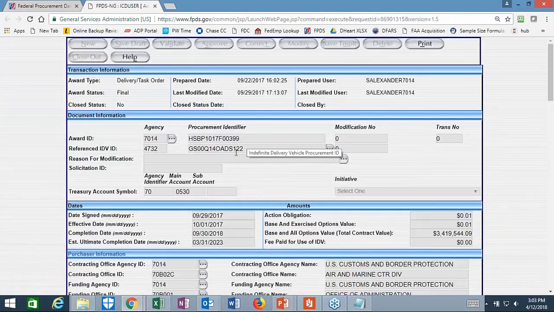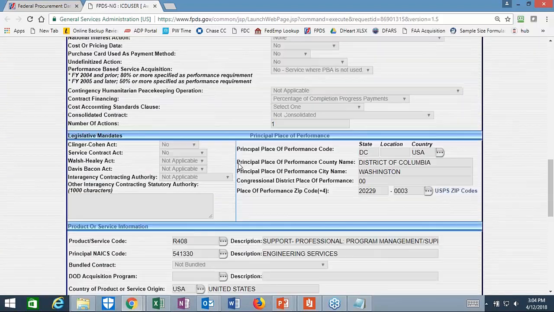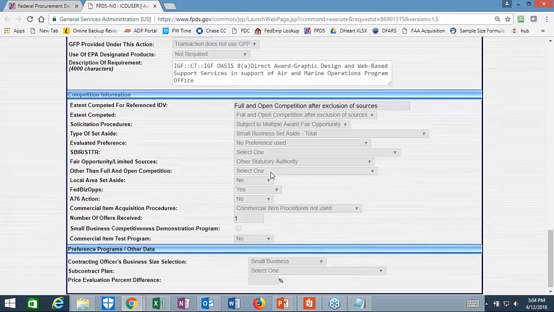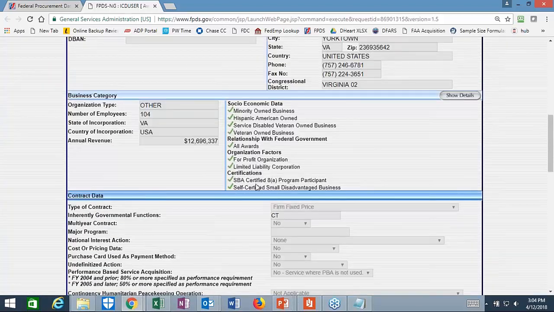All right. So they're ordering against a federal supply schedule. I come down to the competition section. I've seen other statutory authority. Nothing wrong so far. I come up to the business category. I do see SBA certified 8A program. It's making me wonder, the 8A program could have been, they don't have to win the award just because they're in the 8A program.